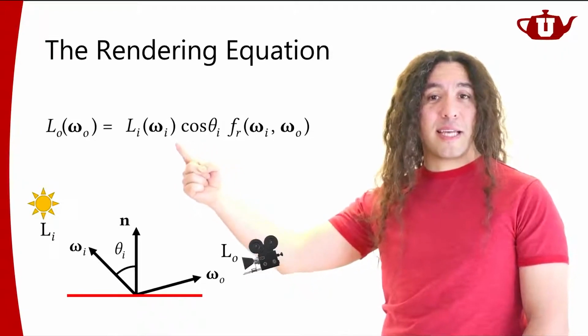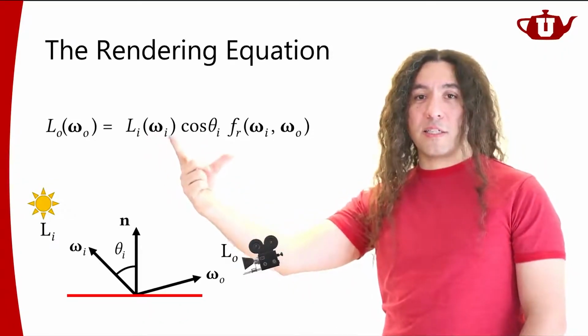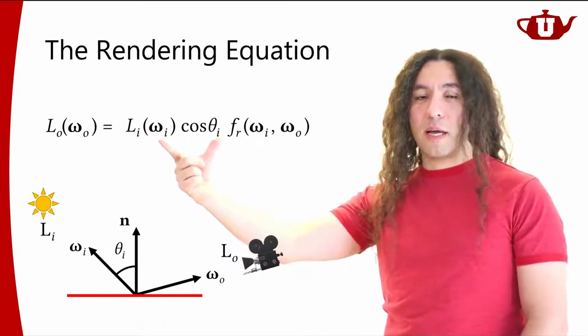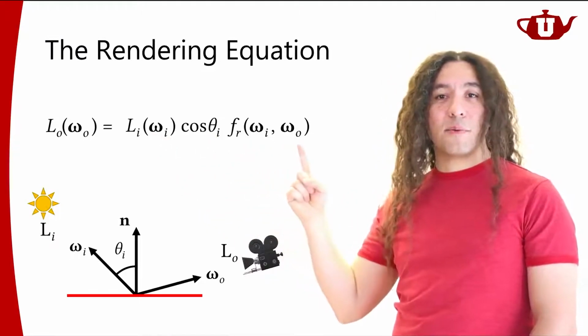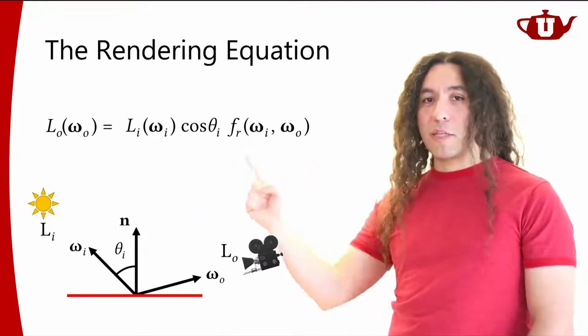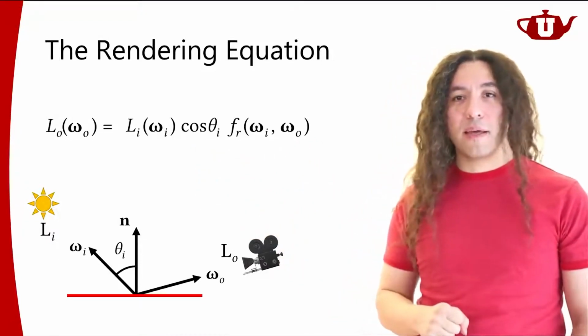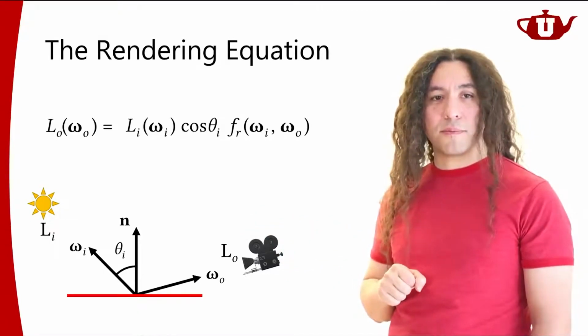We talked about this extensively and why it exists. Now this whole thing is just the incoming light. I multiply that with my surface BRDF, and that gives me the reflected light along this direction.